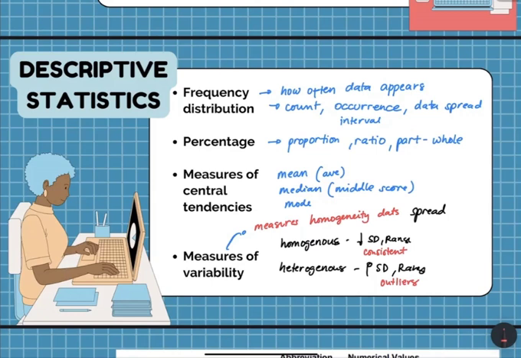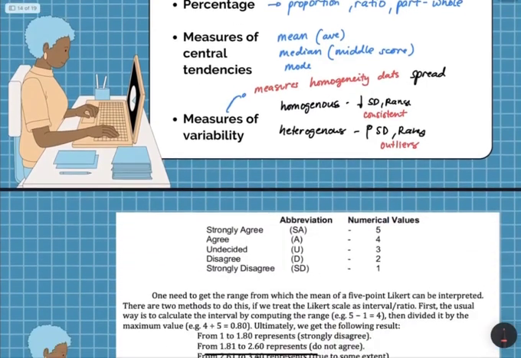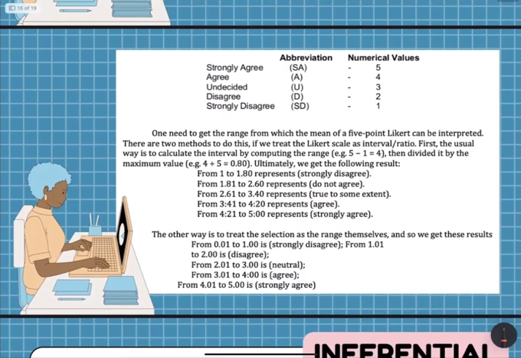And one of the common types of closed-ended or structured questionnaire that we use is your Likert scale. So let's talk about your Likert scale. We are focusing on interpreting the mean of a 5-point Likert scale in this example, and it's often used in surveys to measure levels of agreement or disagreement with a statement.